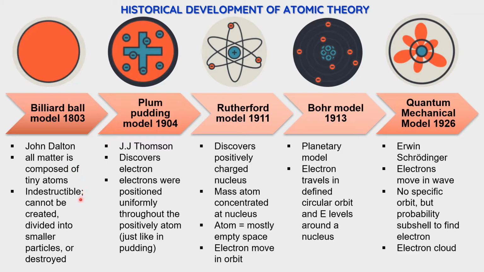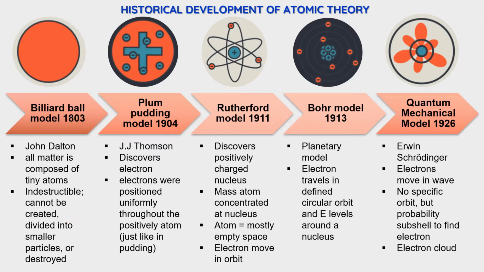And he also proposed that these tiny atoms are indestructible: they cannot be created, cannot be divided into smaller particles or destroyed. And he also proposed that the shape of the atom is spherical.